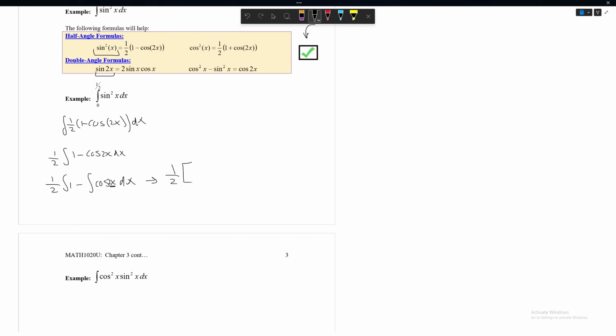And then my 1 becomes x minus, when I integrate my cos it becomes sine 2x. It stays. But then I have to divide by the derivative of the inside, 2x, which you would know is 2. So that's about it. My dx goes away because this is a definite integral, with bounds 0 to 1/2.